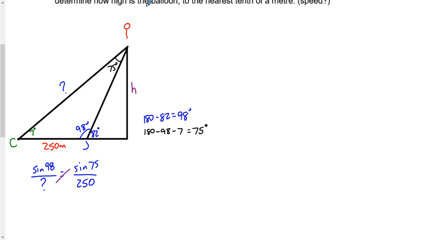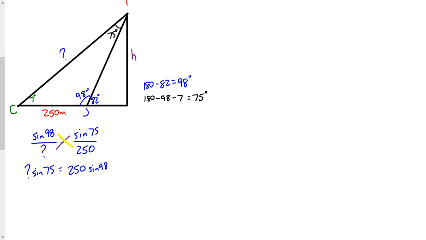Do our cross multiplication: the unknown multiplied by the sine of 75 will be 250 multiplied by the sine of 98, divide by our sine of 75.